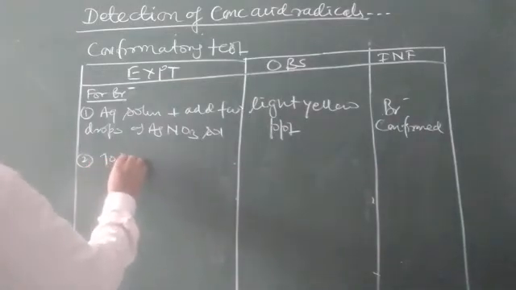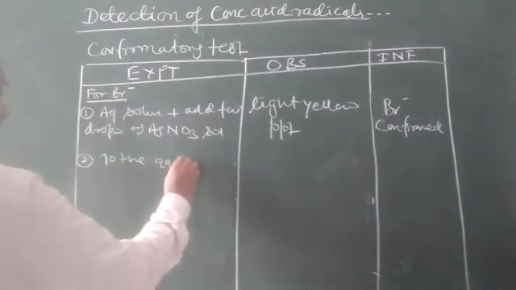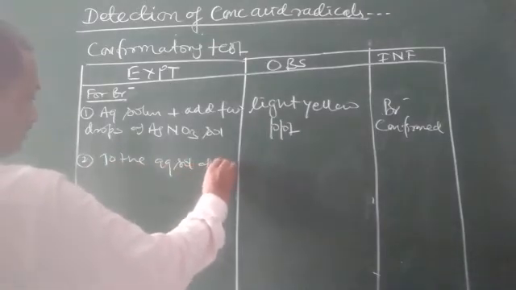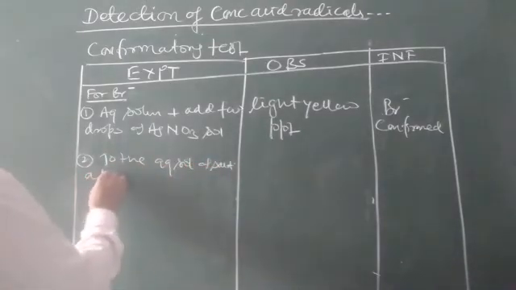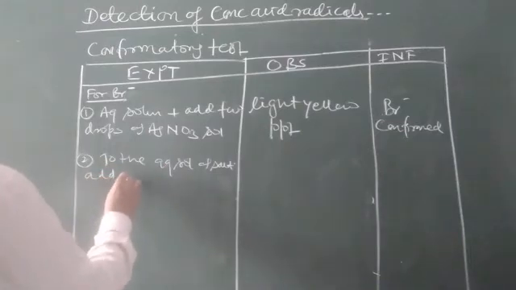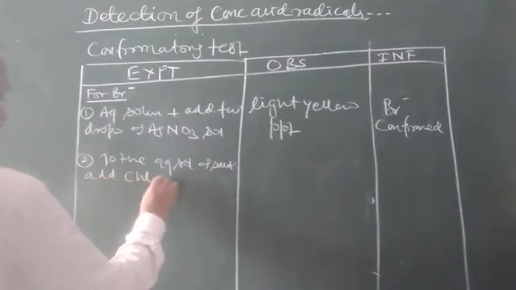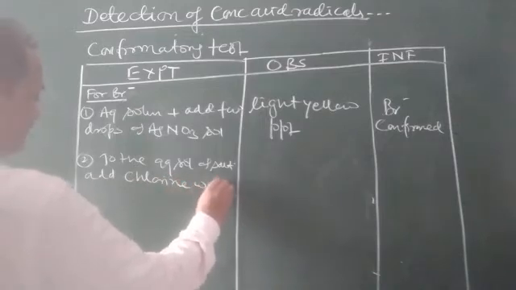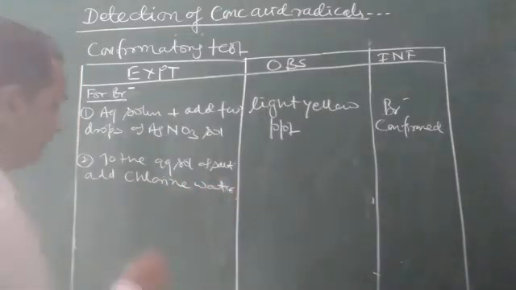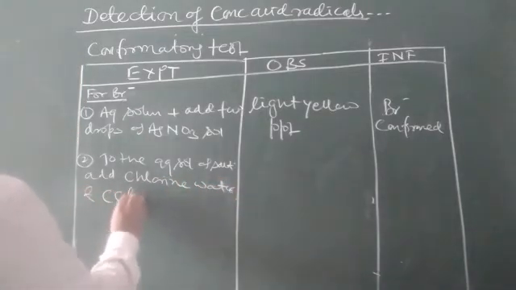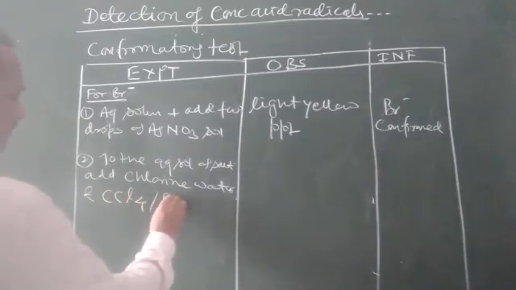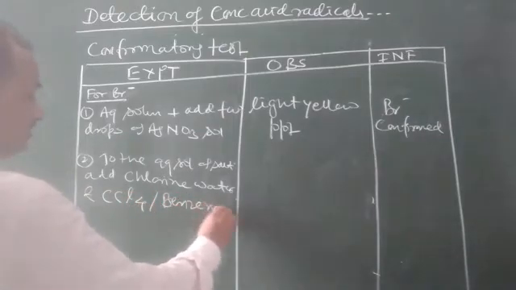Now for the second test, to the aqueous solution of salt, add chlorine water, a few drops, and CCl4 or benzene.